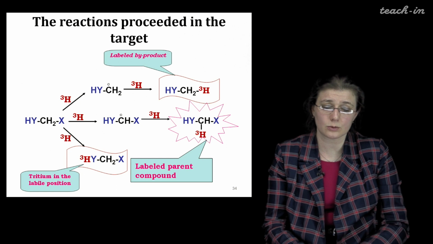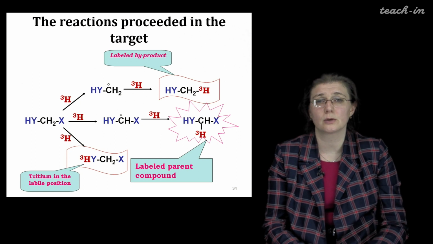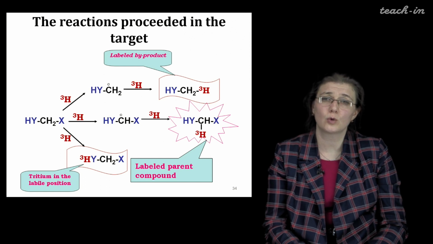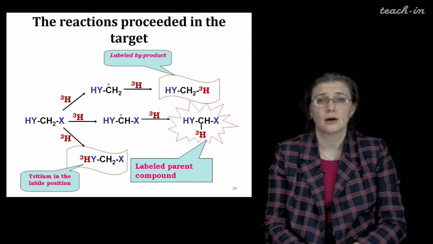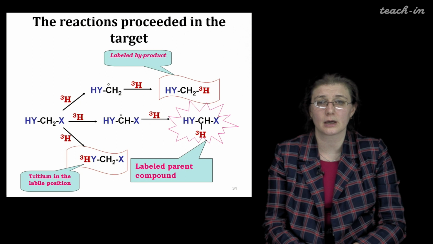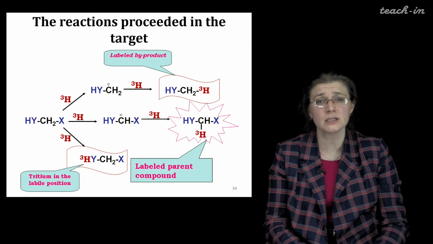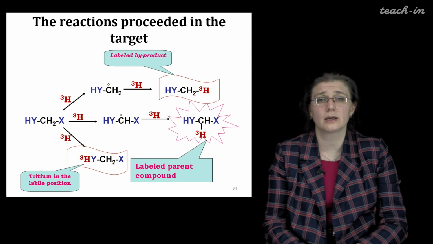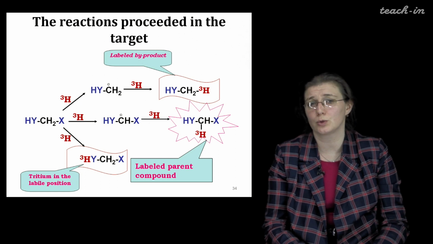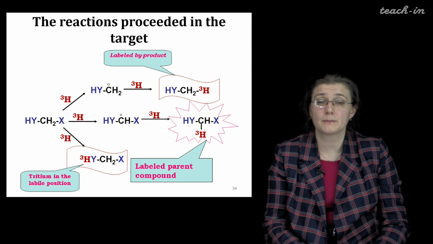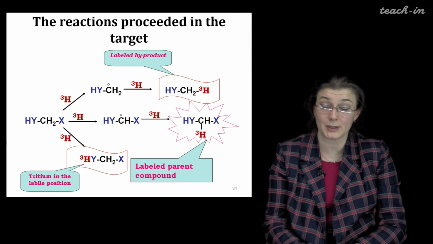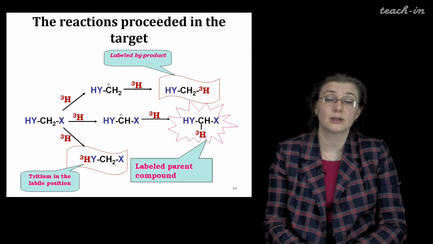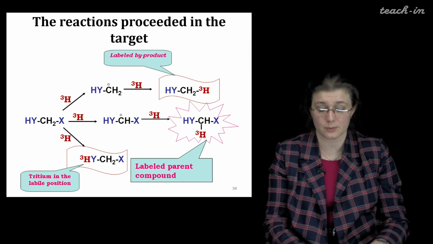As I told you, for macromolecules, size exclusion chromatography is usually used, and for small molecules, other types of chromatography like HPLC, ion exchange chromatography, and TLC, thin layer chromatography, are also used for purification. As I have already mentioned, and I will repeat again, in radiochemical synthesis we have a very small amount.